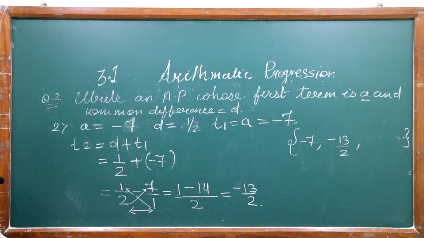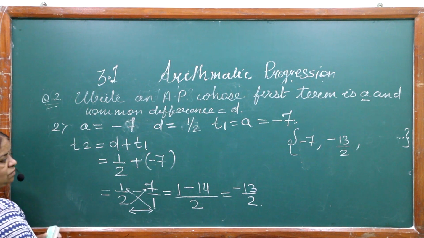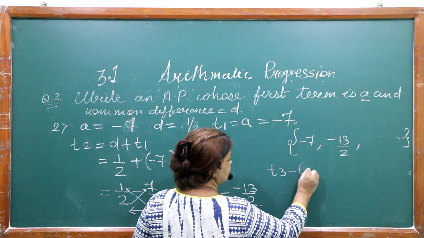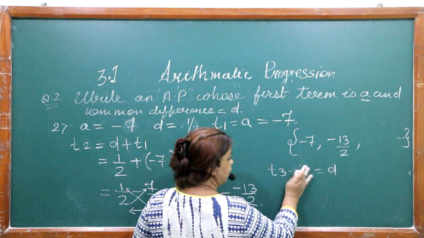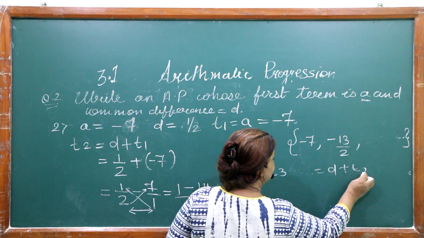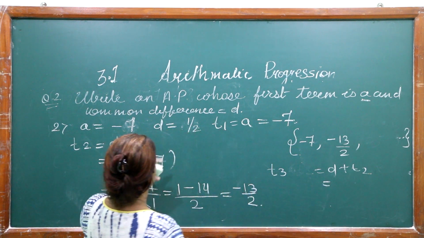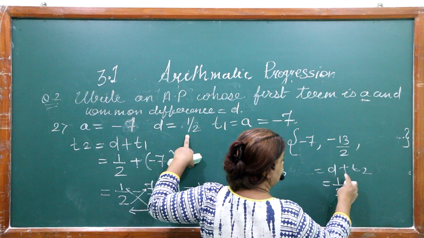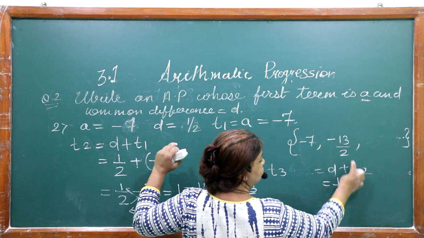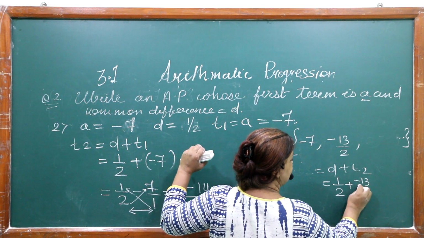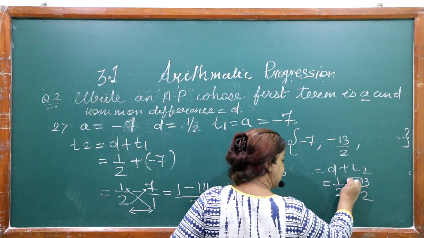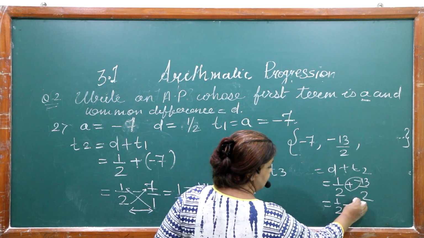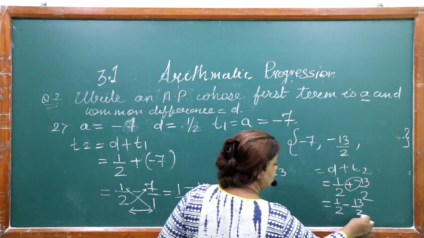Now for the third term, I'll be writing it here. Term 3 minus term 2 is equal to D. T2 will go to this side, so T3 equals D, which is 1 upon 2, plus term 2, which is minus 13 by 2. Plus and minus will become minus: 1 upon 2 minus 13 upon 2.